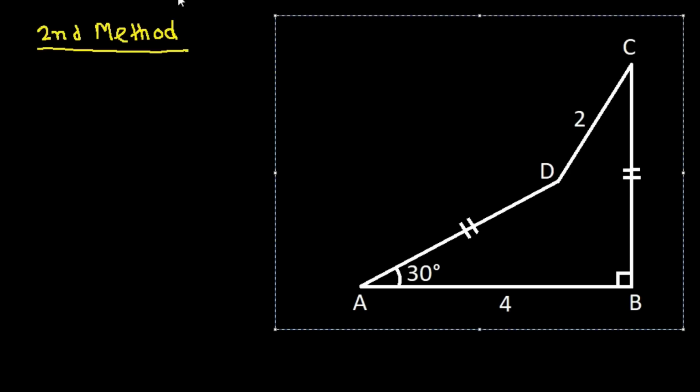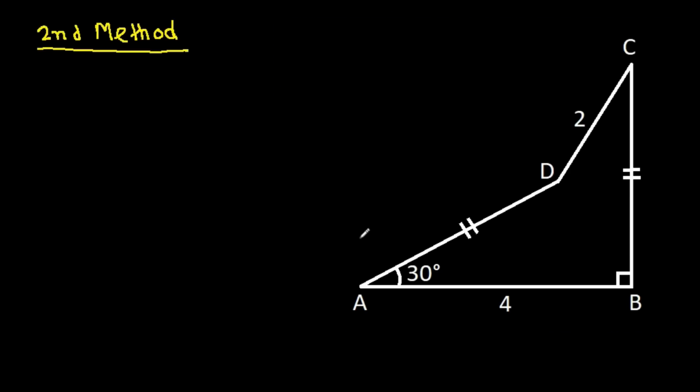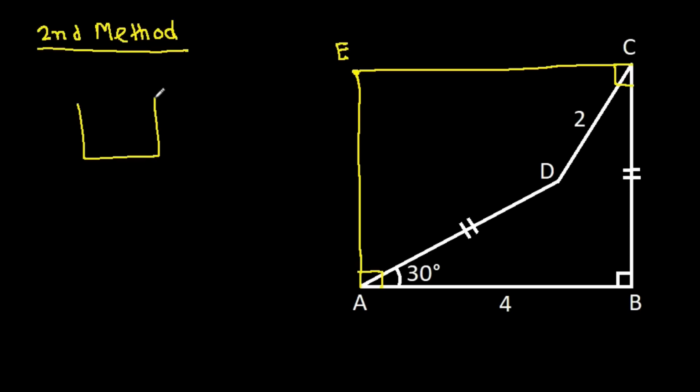And the second method: if we make a perpendicular at A and perpendicular at C, suppose this point is E. Then in AB, CE, these three angles are 90 degrees.